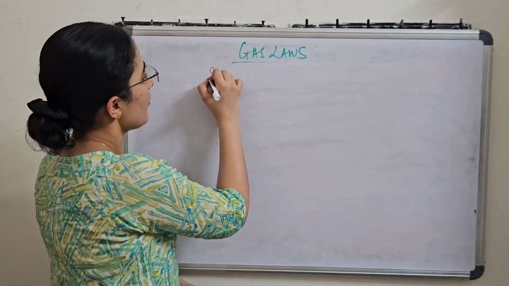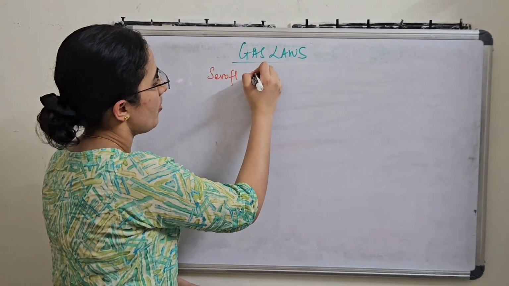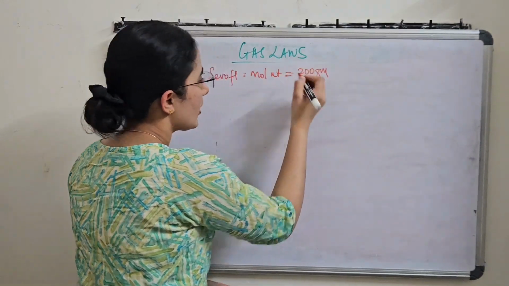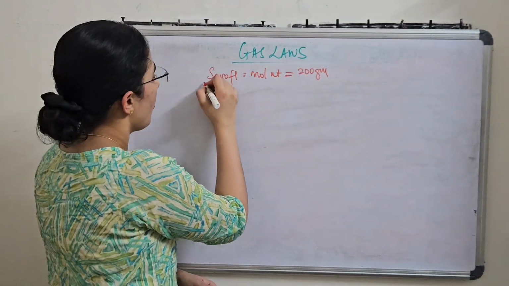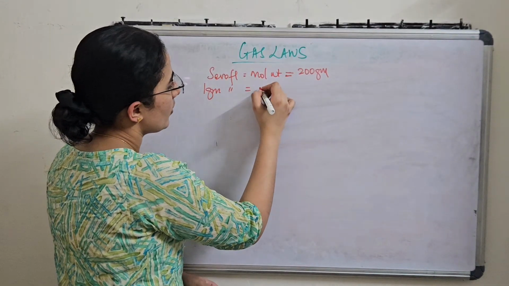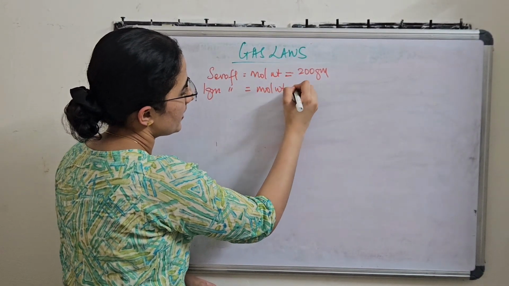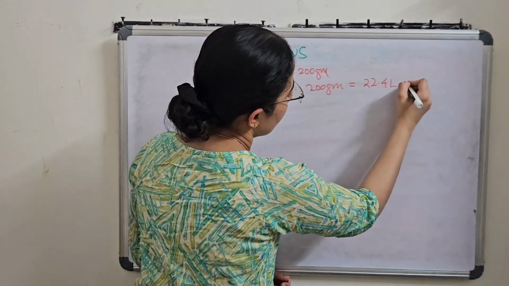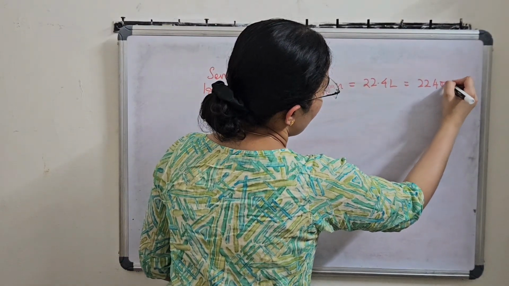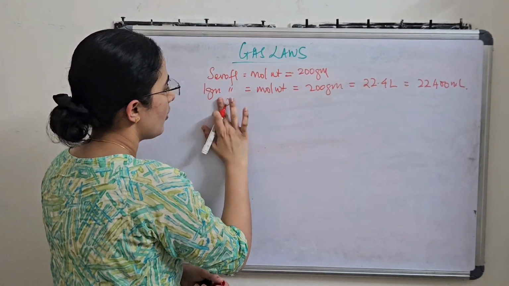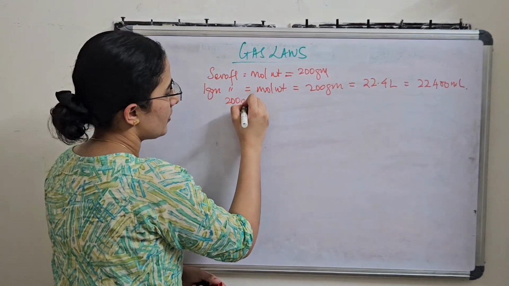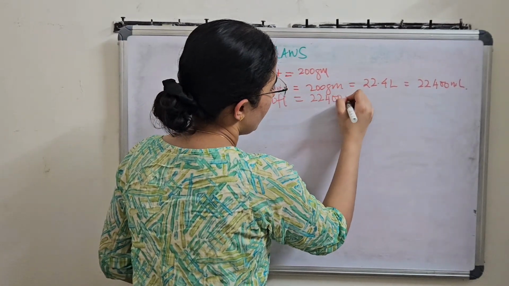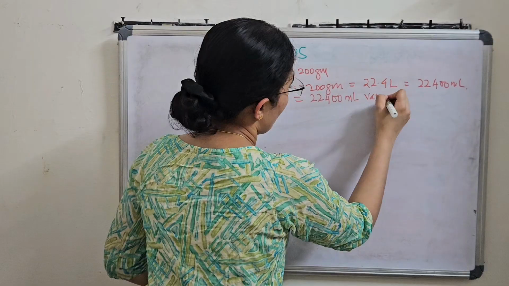Let's see, the molecular weight of sevoflurane is 200. So according to Avogadro's hypothesis, 1 mole of sevoflurane, which is equal to the molecular weight of 200 grams, is equal to 22.4 liters or 22,400 ml. So what we infer is that 200 grams of sevoflurane will produce about 22,400 ml of vapor.